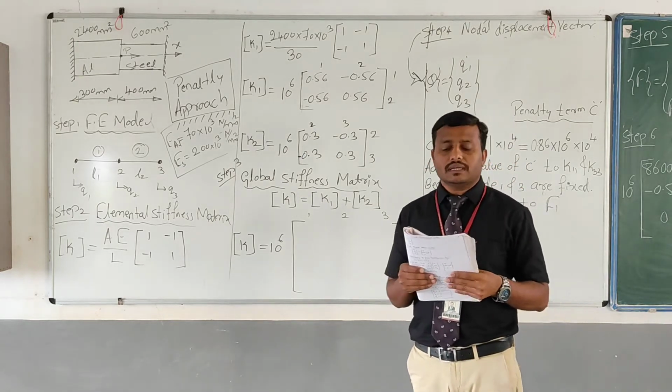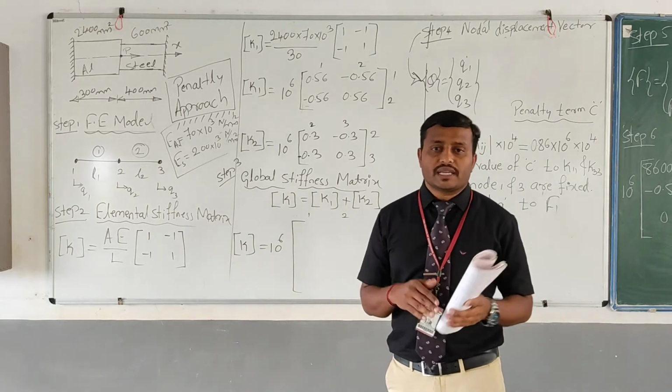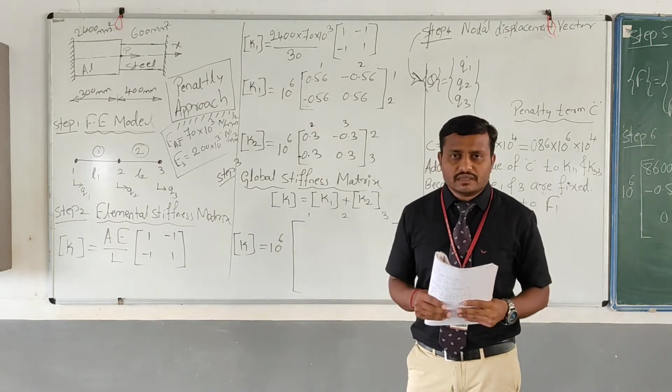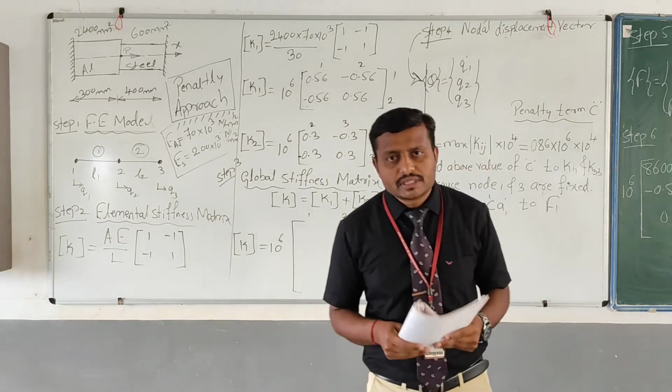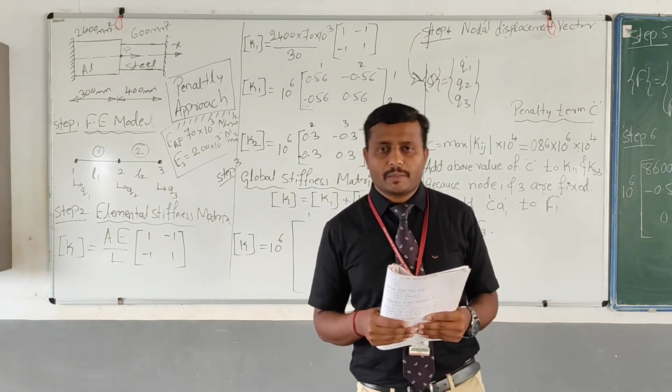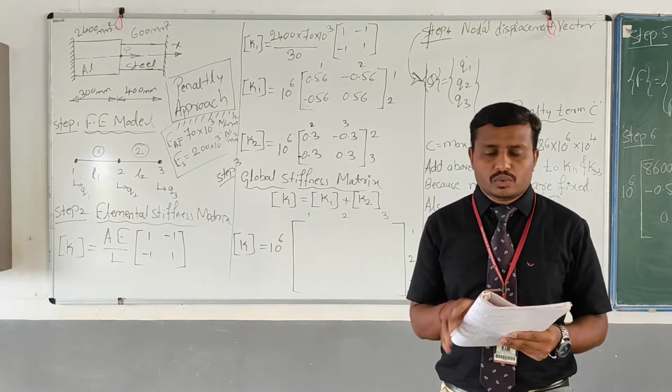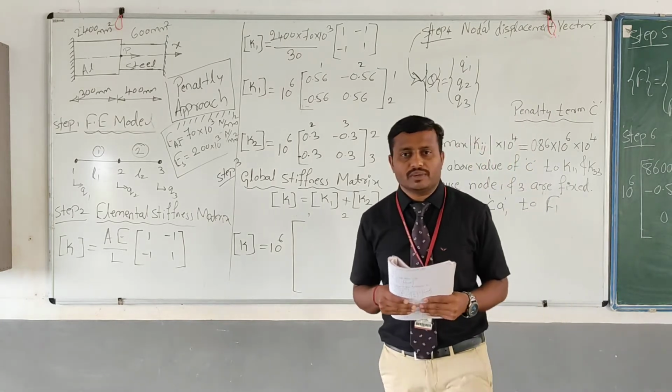But he particularly mentioned to use the penalty approach here. So we have to go for the penalty approach. If he didn't mention it, you can solve by either the elimination approach or the penalty approach. But if they particularly mention one method, we have to solve by that method only.